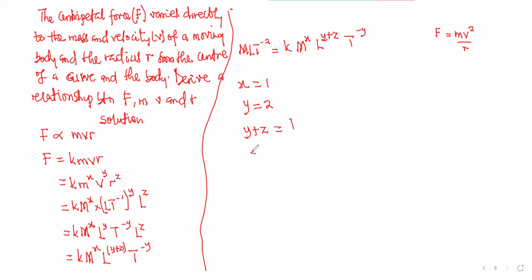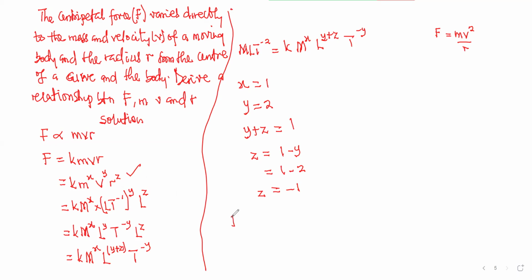If Y is 2, then Z, which is equal to 1 minus Y, would be equal to 1 minus 2. And this is -1.